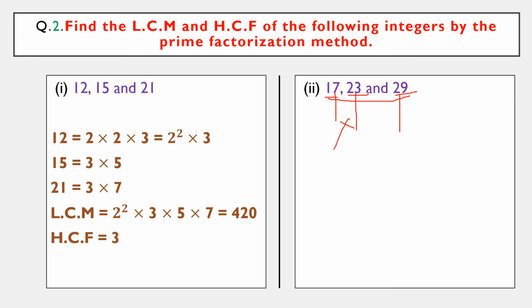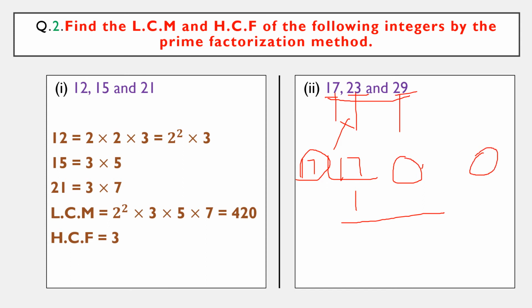No need to do the prime factorization, because anyhow 17 will go in its own table, 17 ones 17. Similarly you'll get 23, and 29. So LCM means greatest power, and the greatest power of each number is the number itself. So the product of these 3 numbers.